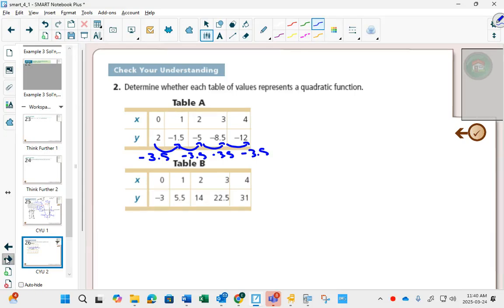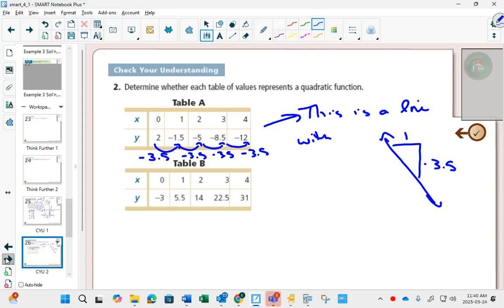If that's always the same, that's a slope. That's a y equals mx plus b. This is a line. And if every time I go over 1, I go down 3.5, can you see that makes a straight line? And it would have a slope of negative 3.5. So if your first differences are always the same, that would make a straight line.